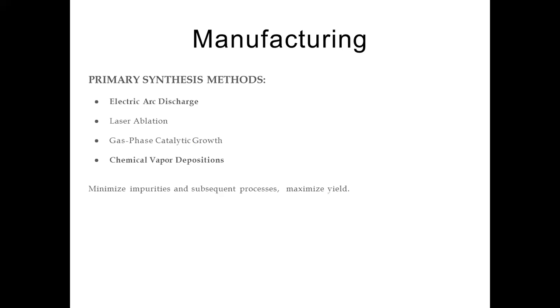We can use gas phase catalytic growth, and we can also use chemical vapor deposition methods. We will tweak these recipes to try to give us the best particular carbon derivative, but we'll always get other carbon derivatives there, so filtration becomes a very big issue.